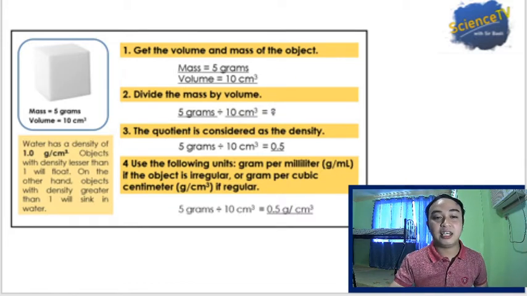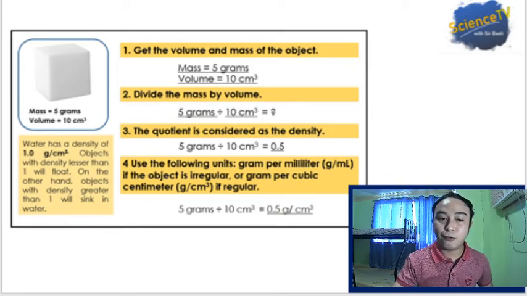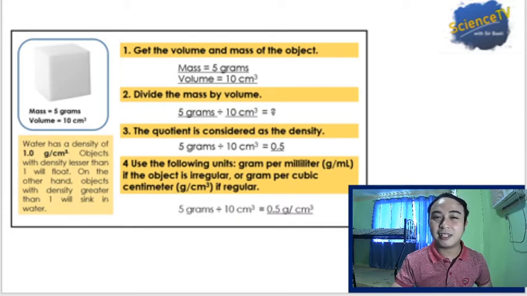Try to look at right here. Gram per milliliter is the unit for the density of irregular objects. I hope that you can still remember what a regular object is. Then gram per cubic centimeter is the unit of the density of regular objects.